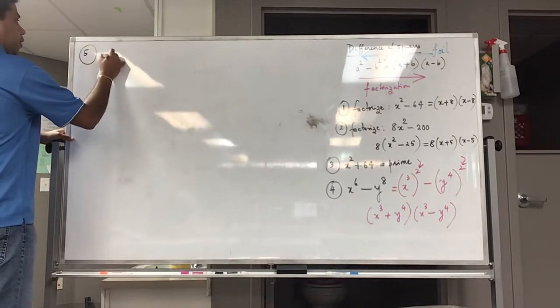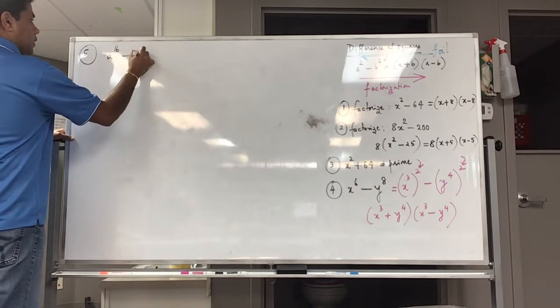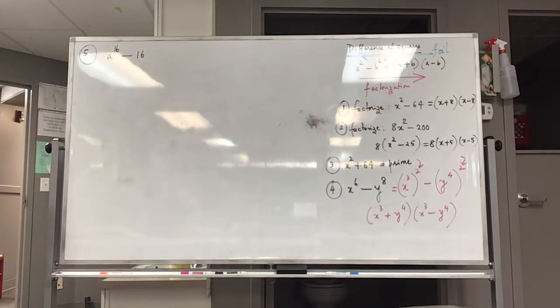Factorize a raised to 16 minus 16. This was question number 60 in ACT.